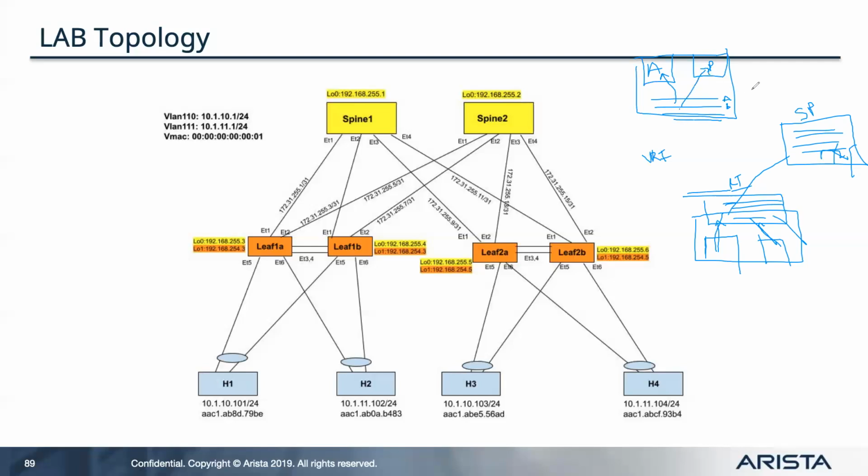That is based on your RT configuration, the route target. You check route A: what is its route target? If the route target matches the import of this config, you import A into this routing table. If B's route target matches this B route target, you import it into the B routing table. So that's why we have RD and RT.